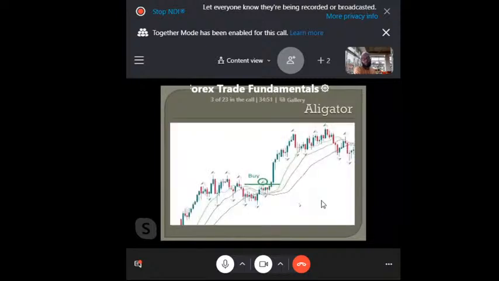Now let's take a look at here. Do you agree that it's a buy signal we have there? Why do you agree? Let's go to Mamana that is here.